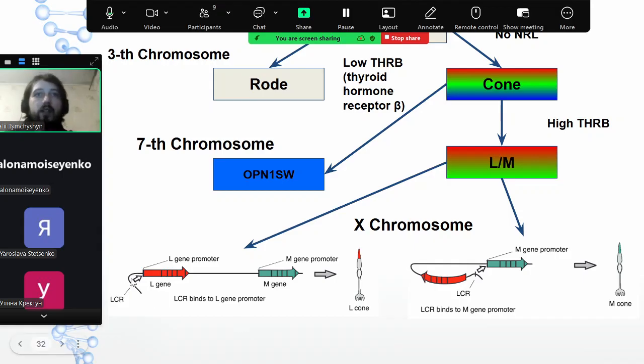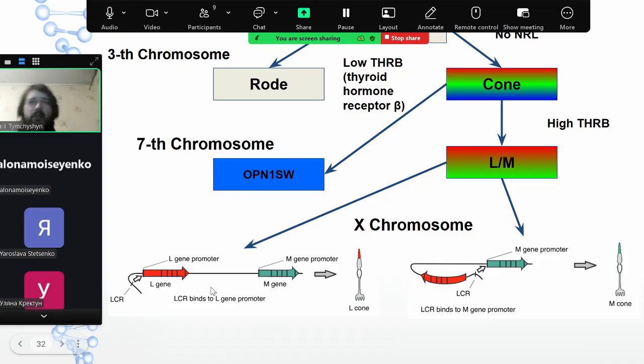And this LCR part randomly binds to one of the promoters, either to the red one or to the green one. And only that gene will be expressed where this LCR binds.